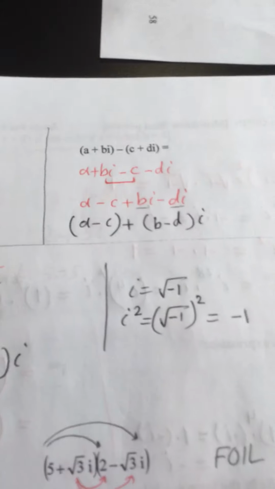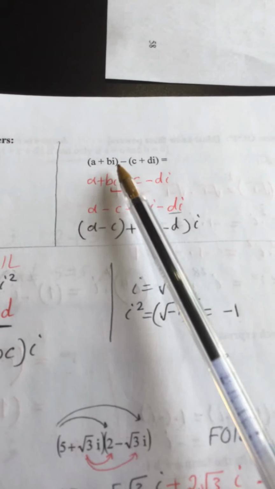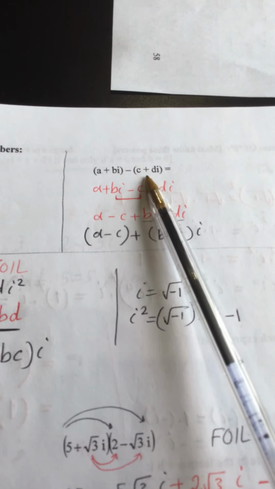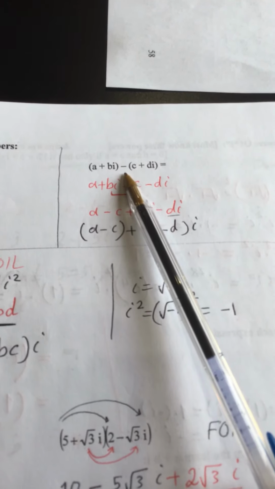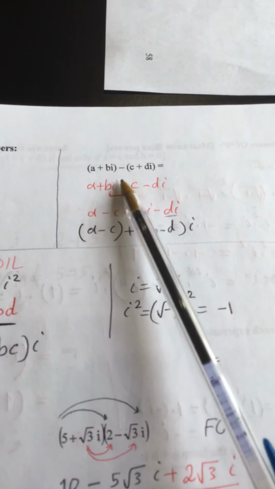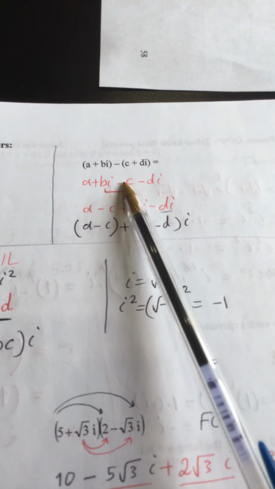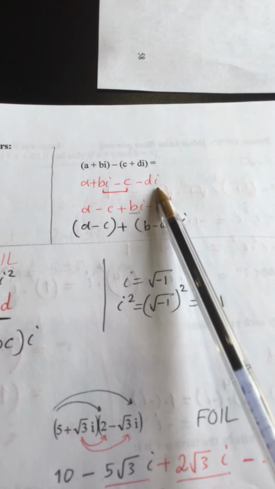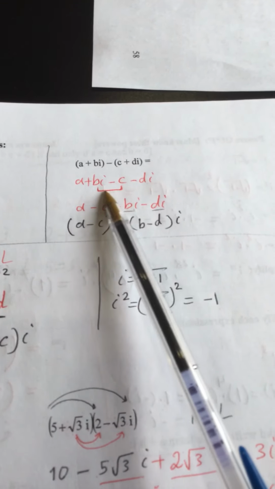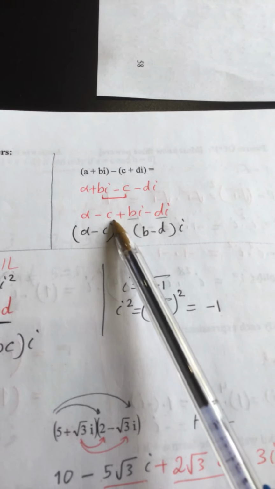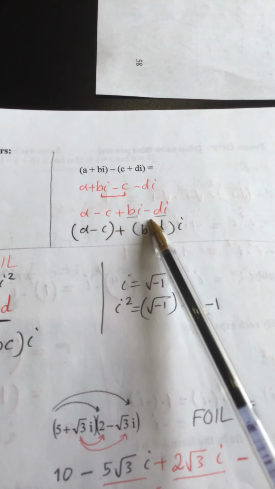Similarly for subtraction, if we subtract two complex numbers, the first one is a plus bi, the second one is c plus di. First remove the parentheses, so we get a plus bi. The negative means negative 1. Negative 1 times c is negative c. Negative 1 times di is negative di. So also reorder, and we get a minus c plus bi minus di.